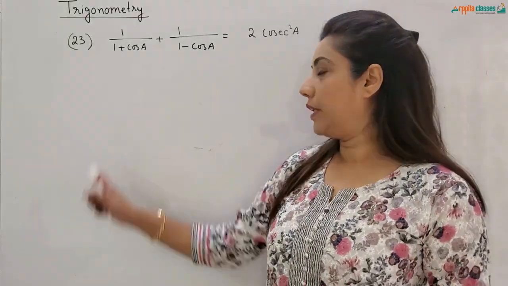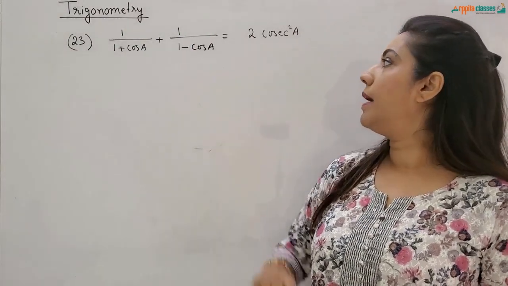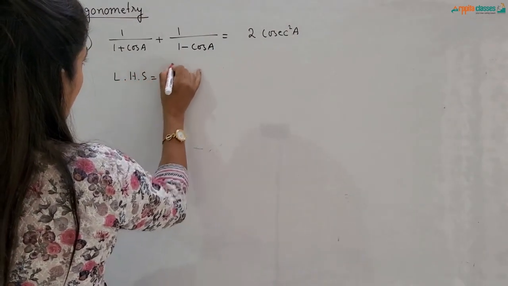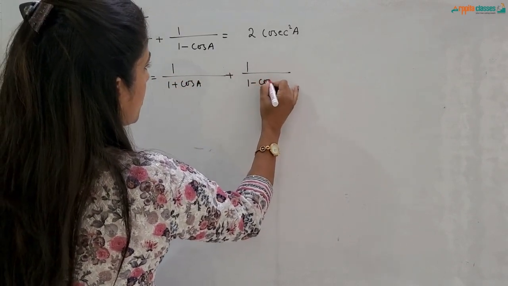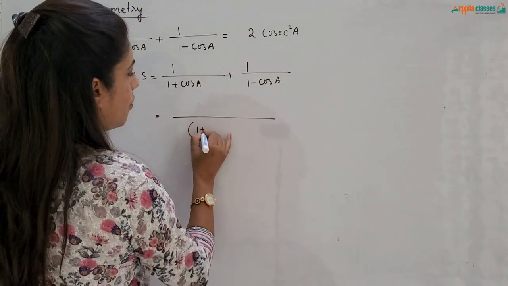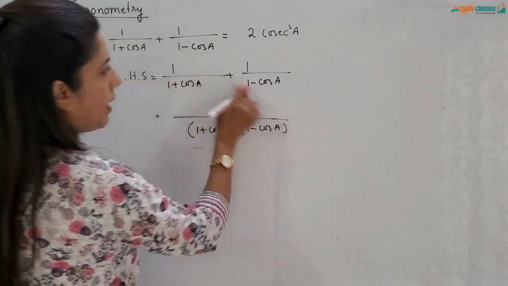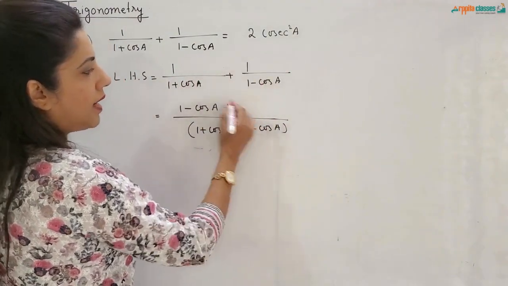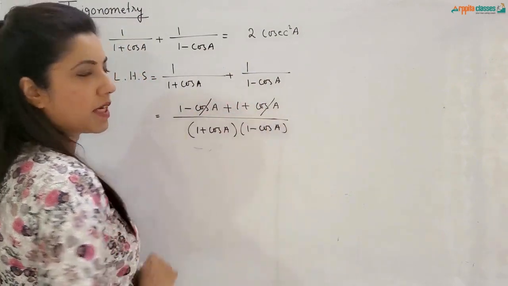Let us proceed towards question number 23. 1 upon 1 plus cos A plus 1 upon 1 minus cos A is equal to 2 cosec square A. So we'll process the left hand side. We'll write 1 upon 1 plus cos A plus 1 upon 1 minus cos A. To simplify this, we'll take the LCM, and the LCM is 1 plus cos A into 1 minus cos A. So in the numerator it will be 1 minus cos A plus 1 plus cos A. So here I can see minus cos A and plus cos A gets cancelled.